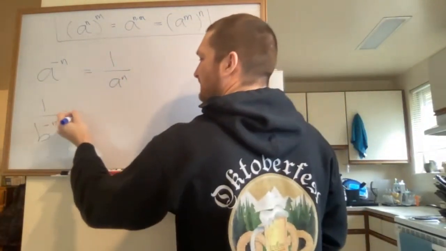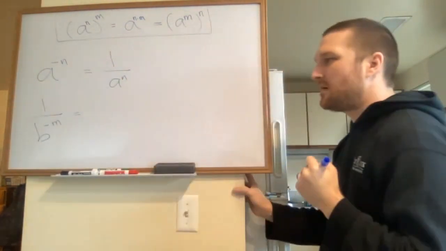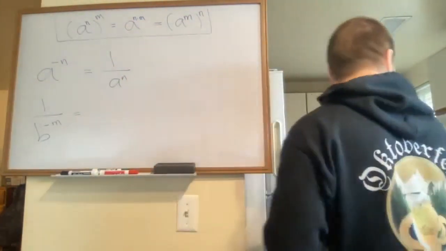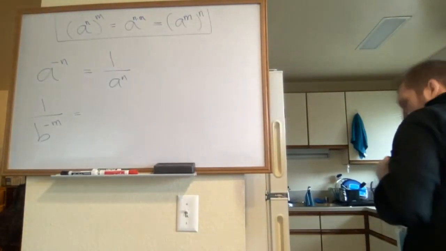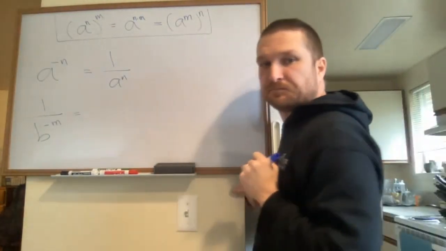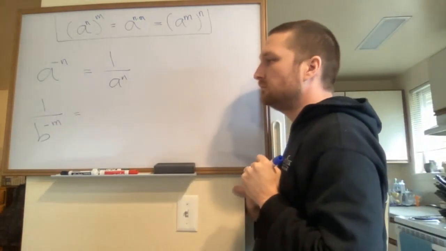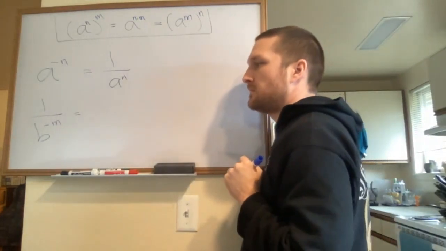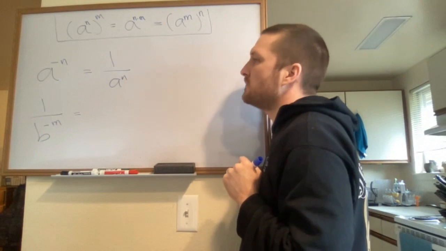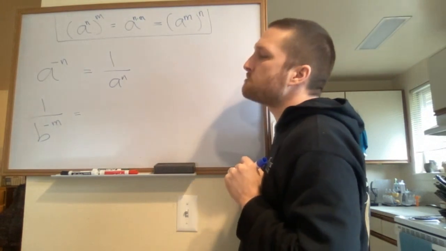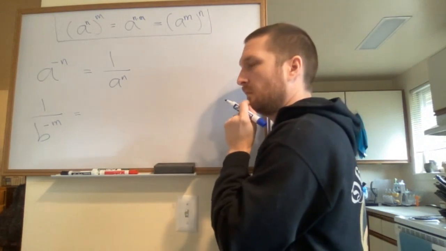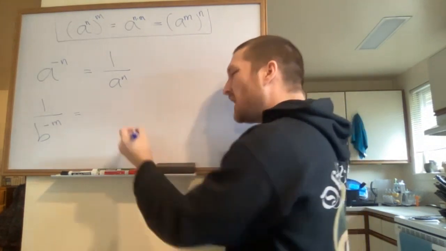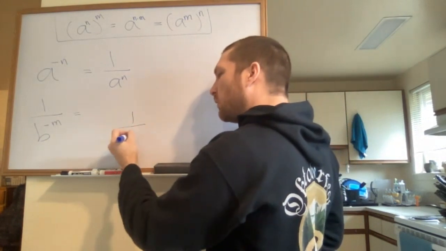What does that mean? Would that be 1 over 1 over b to the m? Yeah, we can think about it that way.